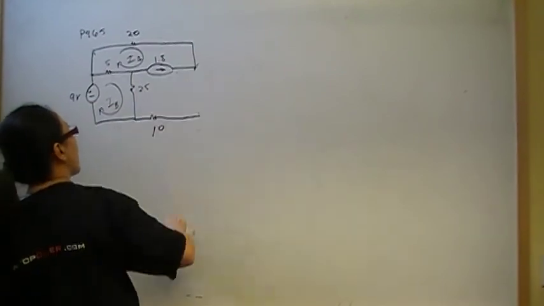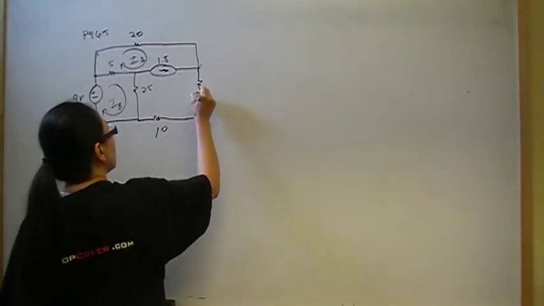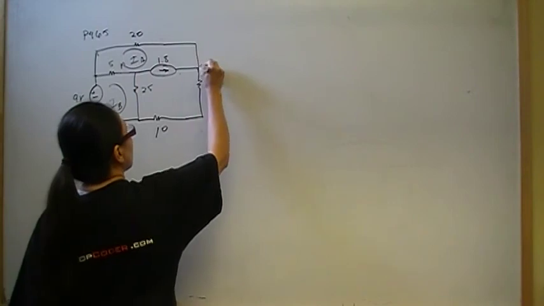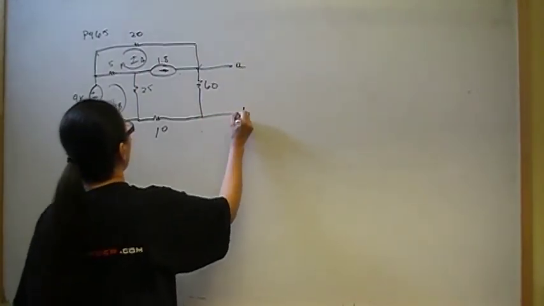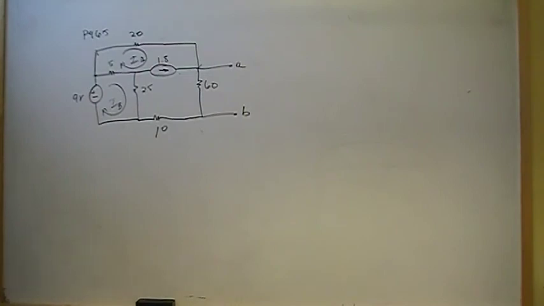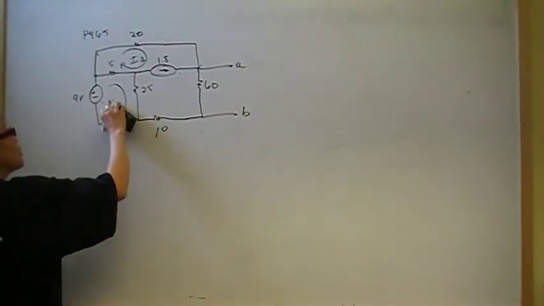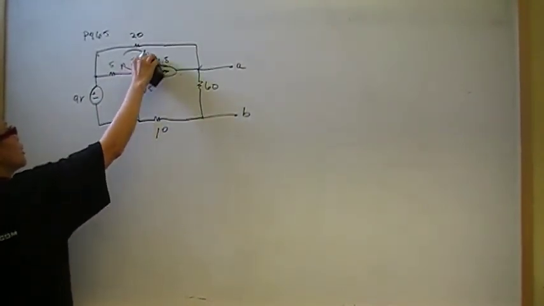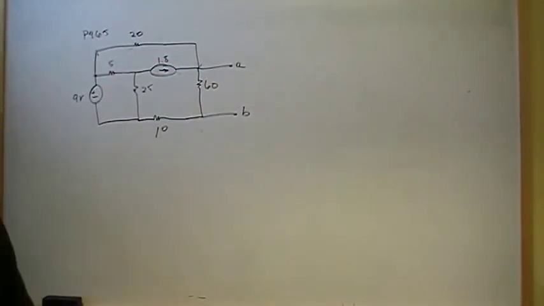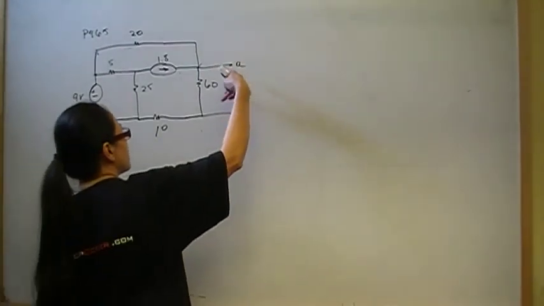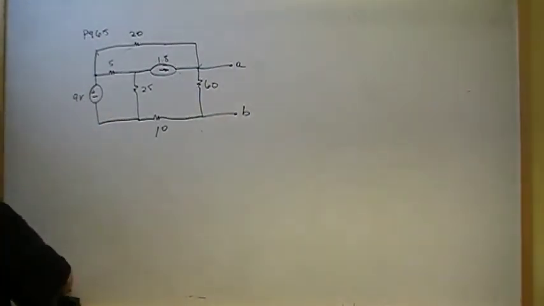It looked like that, and then we had 60 ohms right here, and here was our load, AB. That's what the circuit originally looked like. So now we're going to do this without V Thevenin and I short circuit. That means we're going to remove the effects of the power sources and ask, what does the load see? What resistance does the load see?